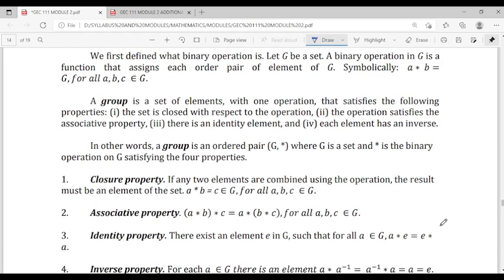Group is a set of elements with one operation that satisfy the following properties. So we have the closure property. So I hope you can recall your closure, associative, identity, and inverse properties.